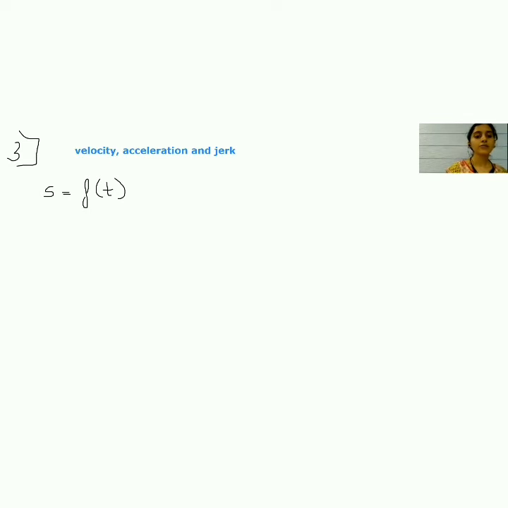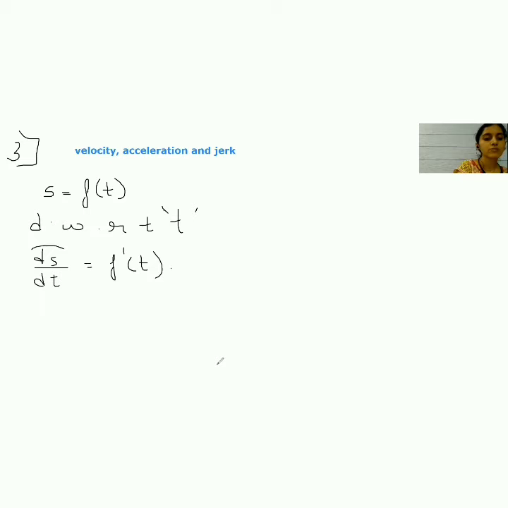Now if I differentiate this with respect to time, ds by dt is equal to f dash of t, right?